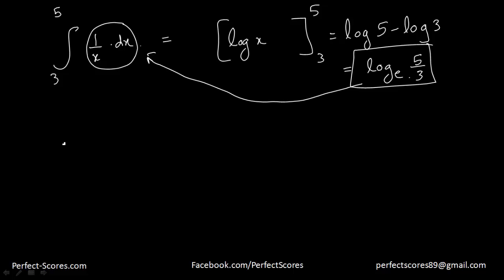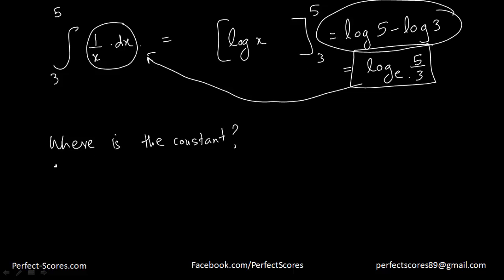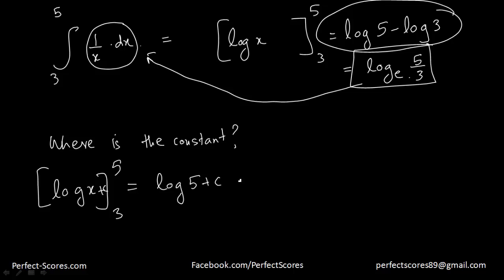Now you must be wondering, where is the constant? Well, the constant cancels out in our subtraction, because when we find the value of log of x from 3 to 5, we definitely have to add c here. So we have log of 5 plus c, and then we have log of 3 plus c subtracted.